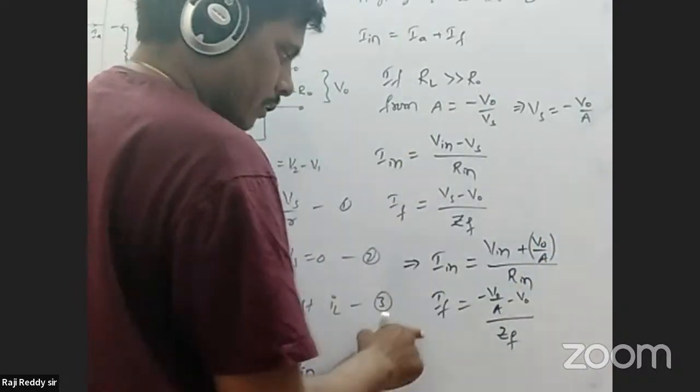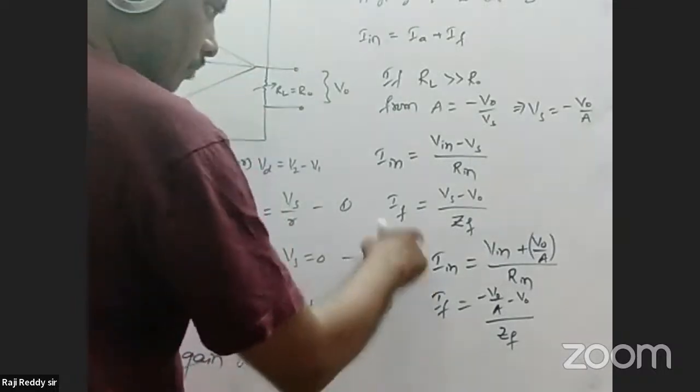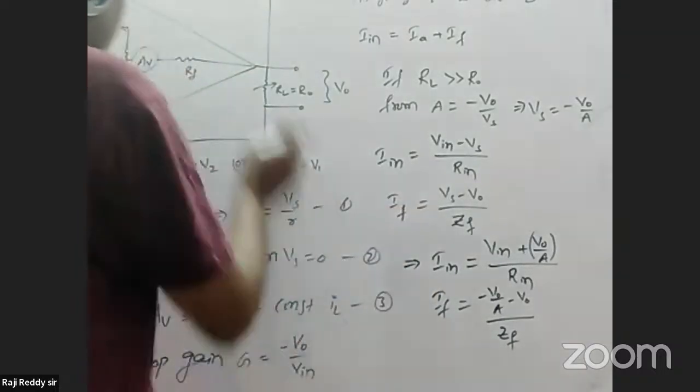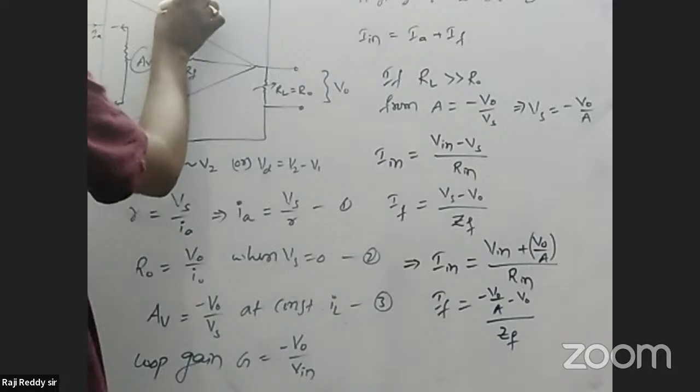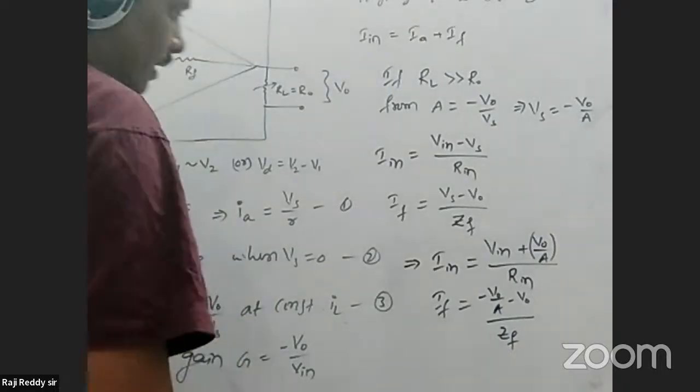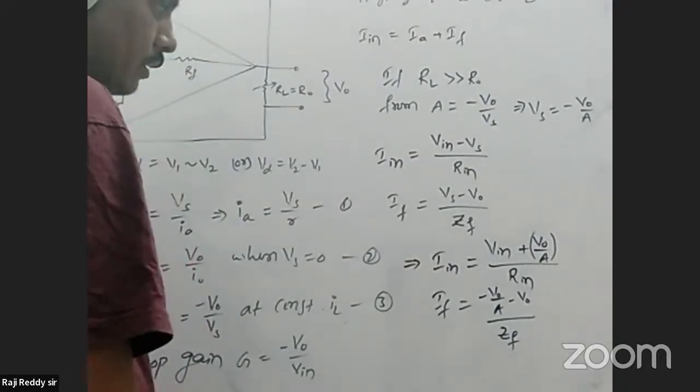Next, IF is equal to Vs minus V naught by ZF, the feedback current across the RF resistance.